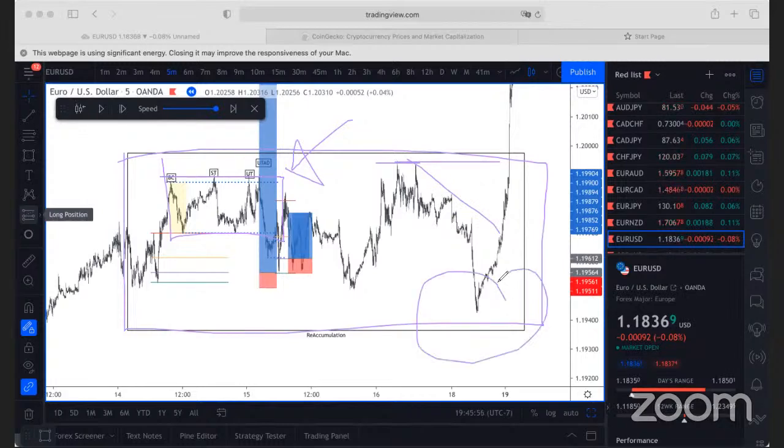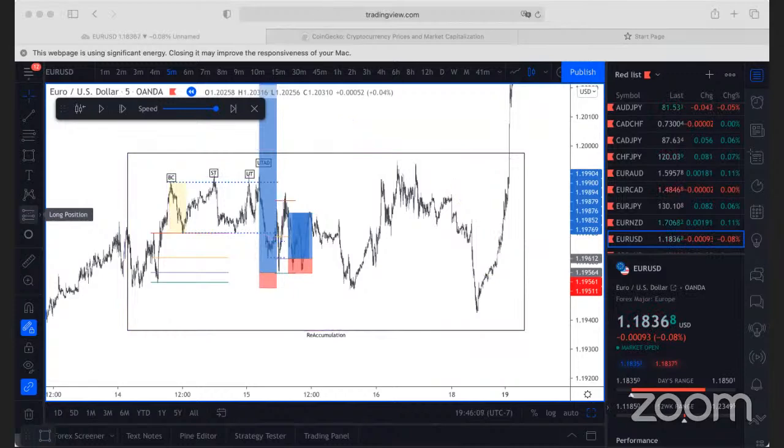This is our shakeout. So ultimately, we're looking to buy out of this now as we come back. So now we're going to be able to zoom out. Let me see the annotation.